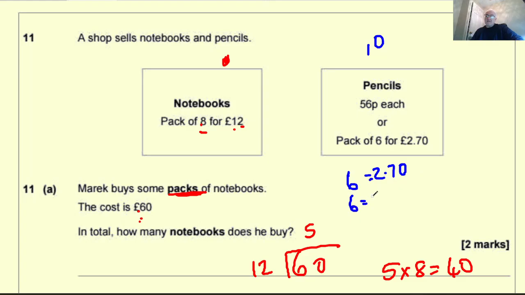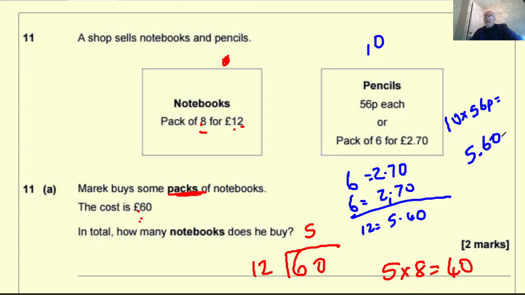If I buy 2 packs of 6, I've got 12 pencils, and that's going to give me £5.40 for 12. If I buy 10 lots of 56p, that's going to give me £5.60 for 10. Okay, so already buying the 2 packs of 6 would be cheaper.